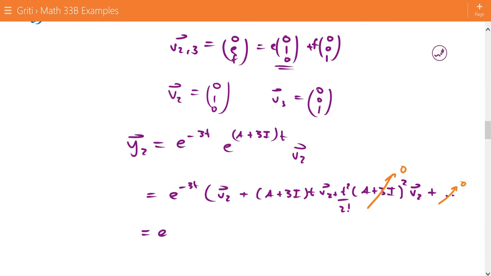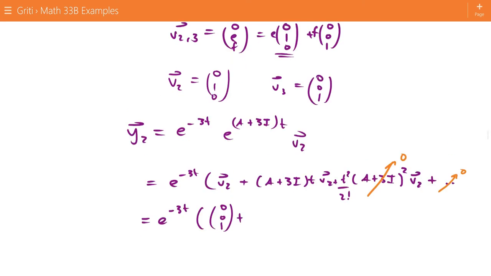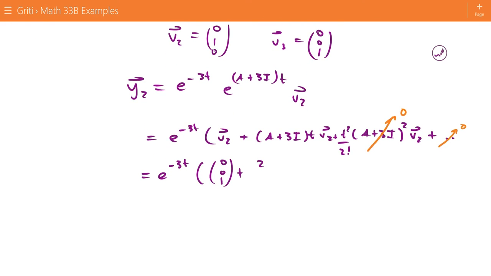So our solution is e to the negative 3t times v2, which is 0, 0, 1, plus A plus 3i, which is 2, 0, 0, 2, -2, -1, and 0, 4, 2. This is all times t, which I should have put in the front, but it doesn't really matter. Times, sorry, v2 is 0, 1, 0.